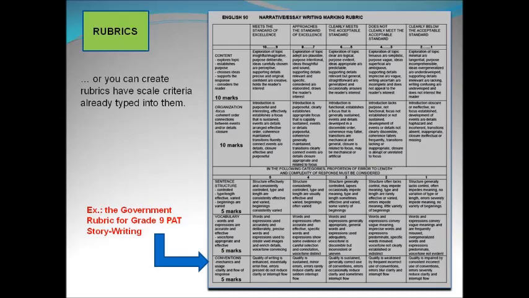These are all cells filled in by the government, and then what we do as teachers is basically we become technicians, learning what a 9 looks like, what a 10 looks like, what a 6 or a 5 or a 4 or a 3 or a 2 or a 1 looks like. And you just get familiar with that through piles and piles and piles of marking.